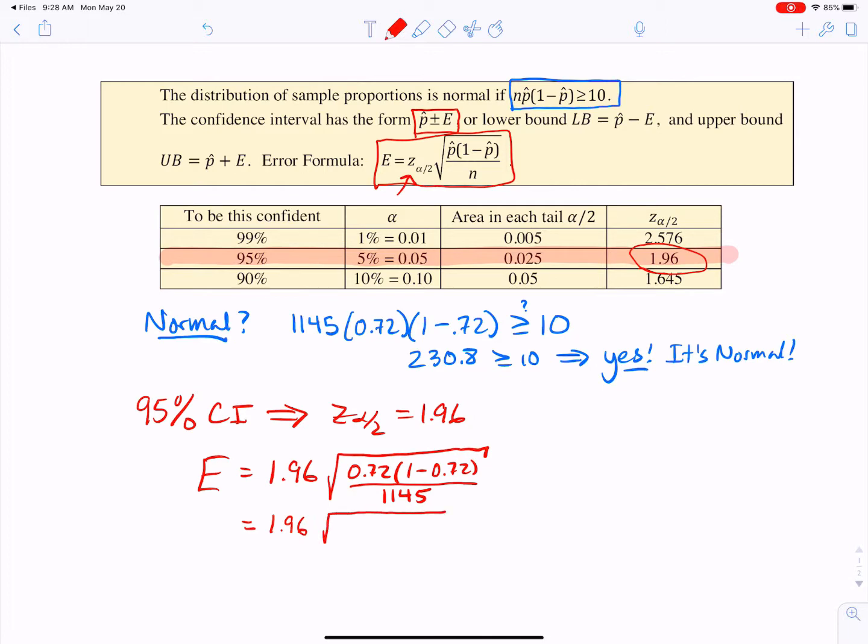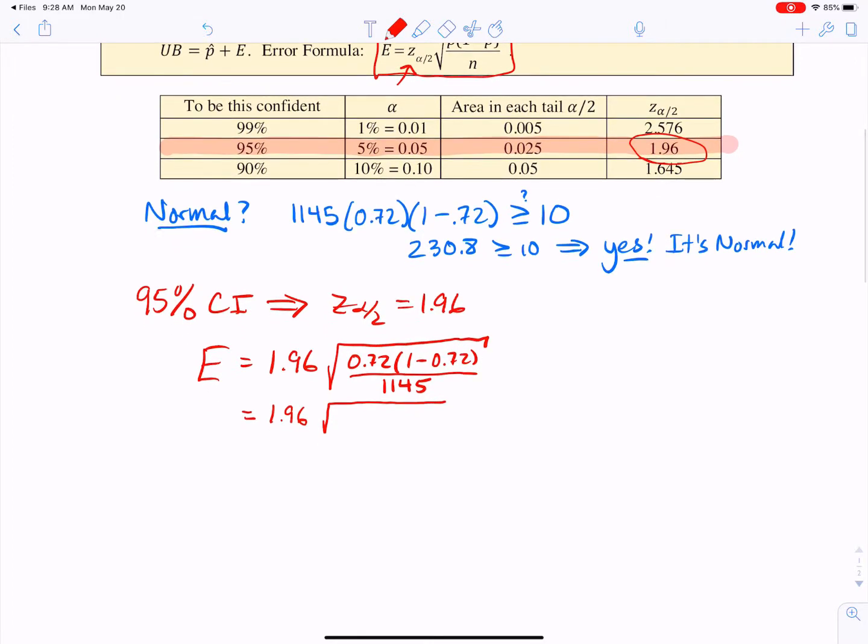If you multiply the 0.72 times 1 minus 0.72 over 1145, that turns out to be 0.00017607. And then if you take the square root of that, so notice the 1.96 is going last, we'd have 0.01327, and then last, multiply by 1.96, and we get a margin of error of 0.026, or you could say about 2.6%.